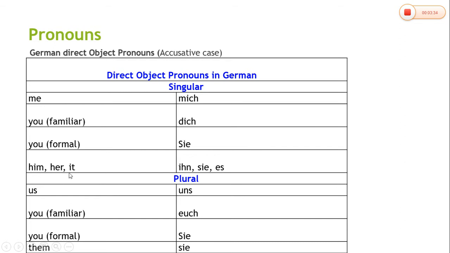Him, her, it: ihn, sie, and es. Plural: us, uns. You, familiar or informal, euch. You, formal, Sie. Them, sie.